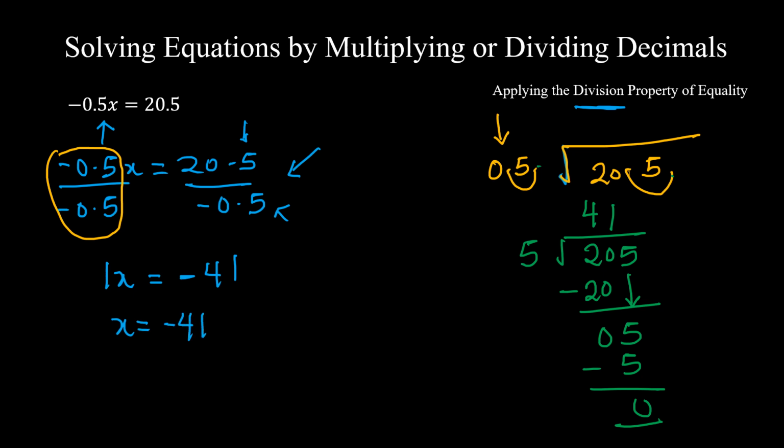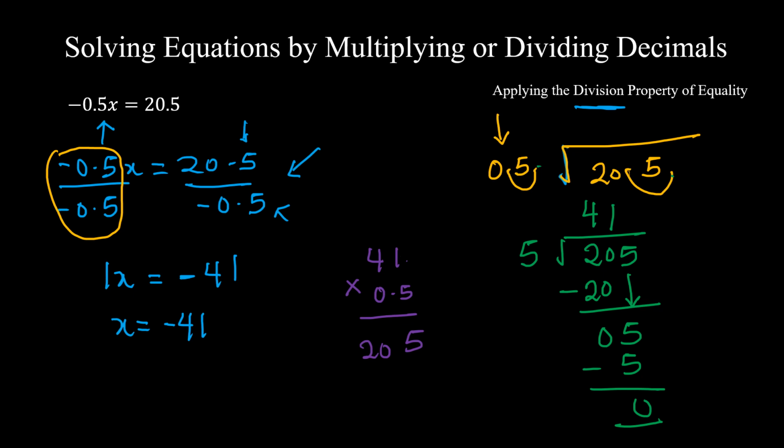Now we can always check this to see if we're right by multiplying 41 and 0.5. We know our answer should be positive because we have negative 41 and negative 0.5. So if I multiply this 1 and 5, gives me 5, 4 and 5, that's 20.